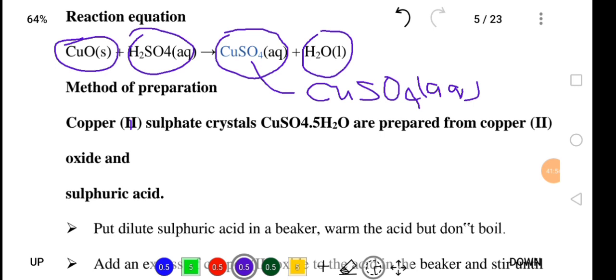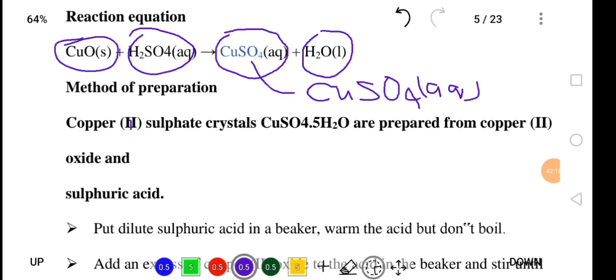The color of the solution is going to be blue. And what is going to cause this color to be blue is the presence of copper ions. Remember, my dear learners, we discussed that copper is a transition element, and transition elements have the chemical property of forming colored compounds.